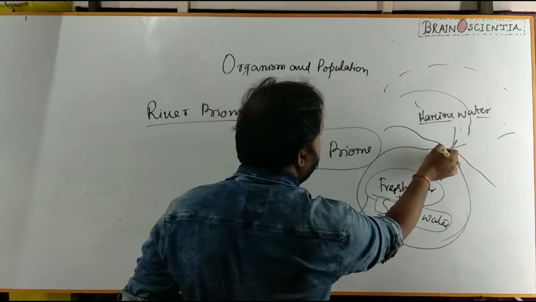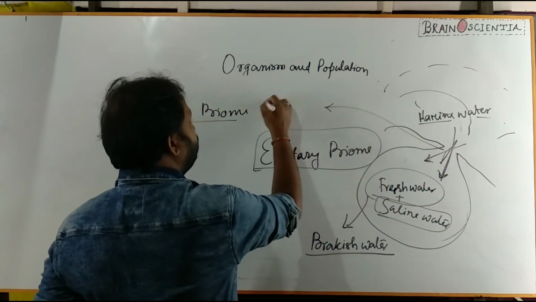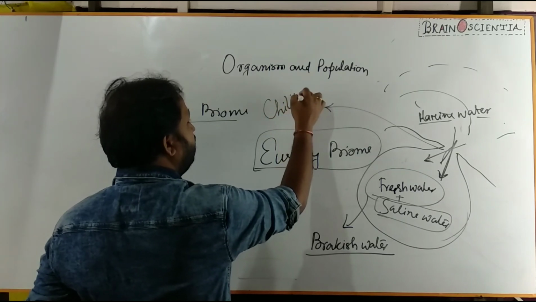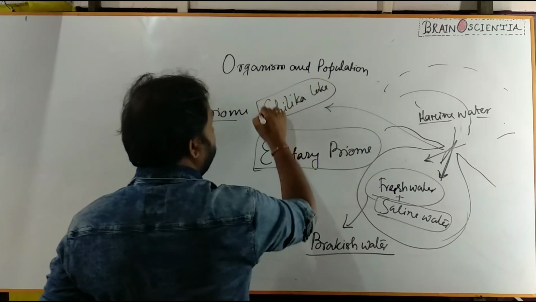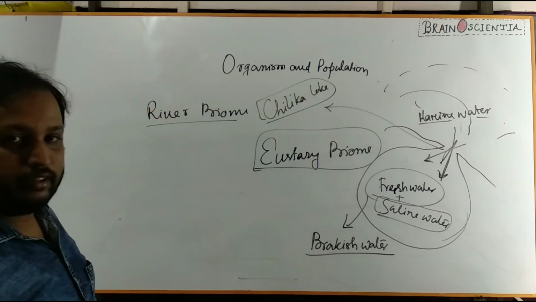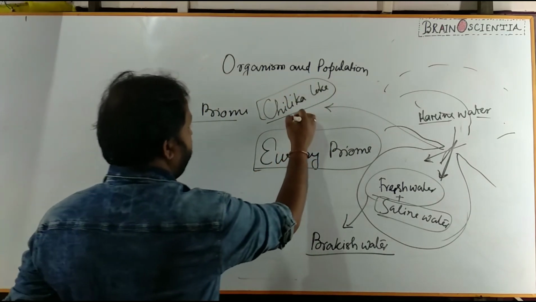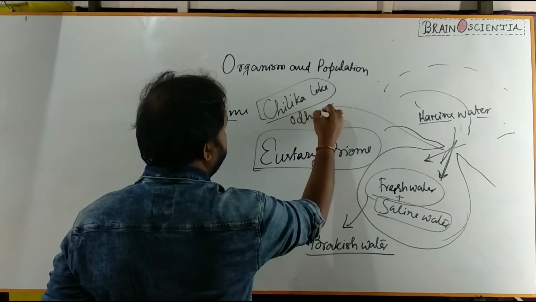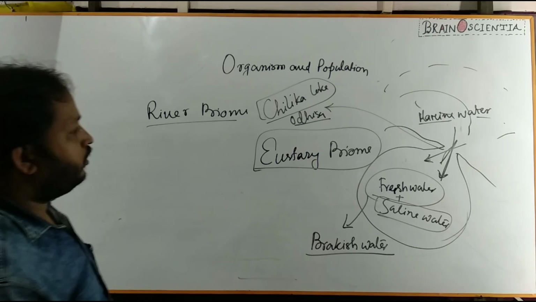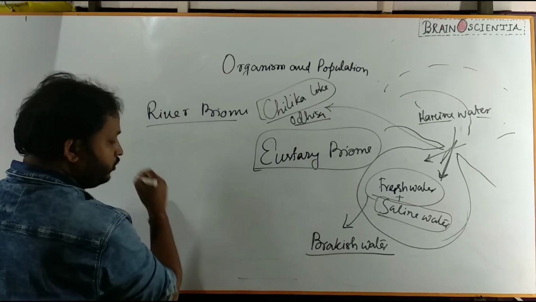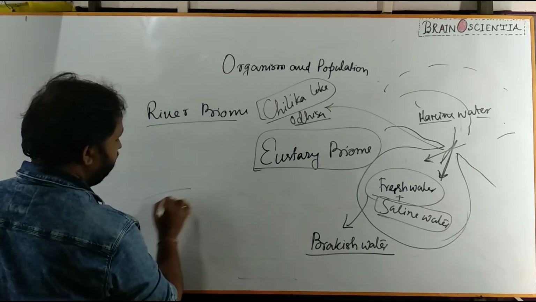The renowned estuary in India is Chilika Lake, Chilika. This is the renowned Indian estuary, and it is found in Odisha. This is the largest estuary in India.